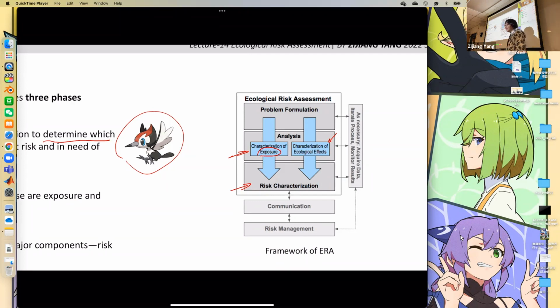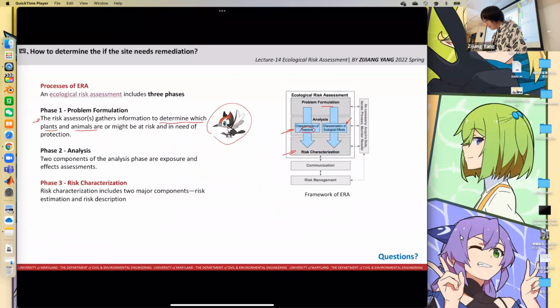For example, during some process, we may find that we need more information, or maybe another species is at larger risk. So we may go back to the problem formulation phase to define another receptor.